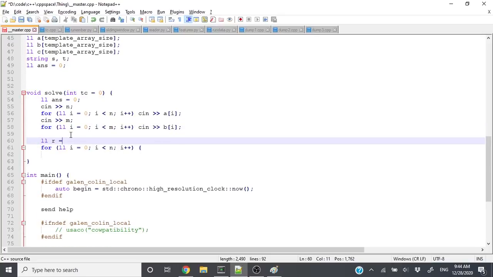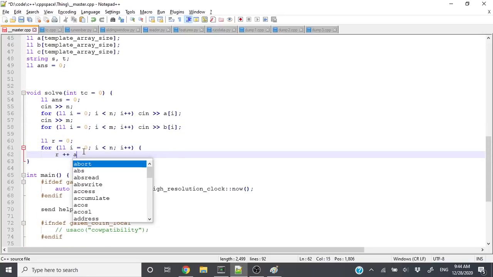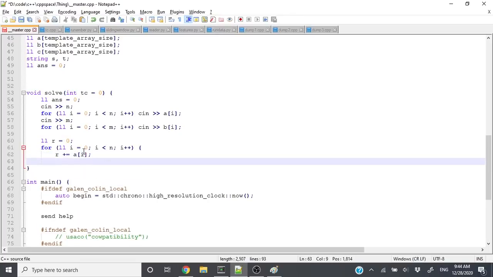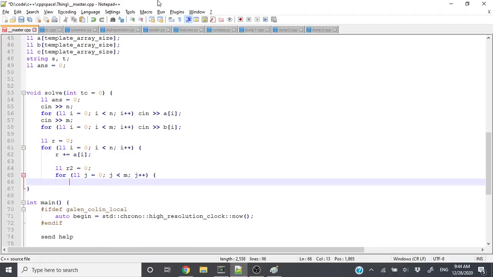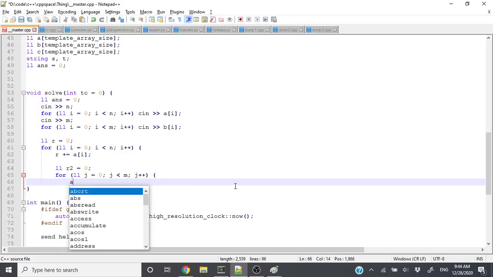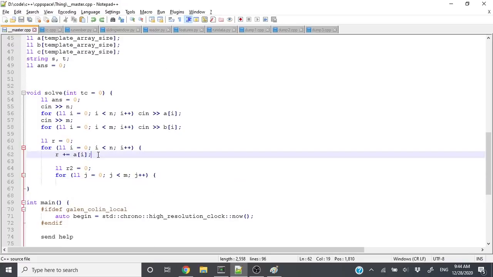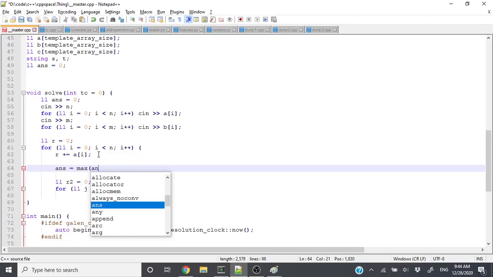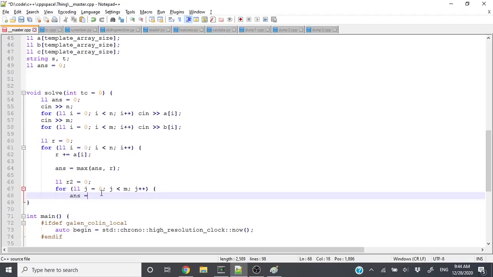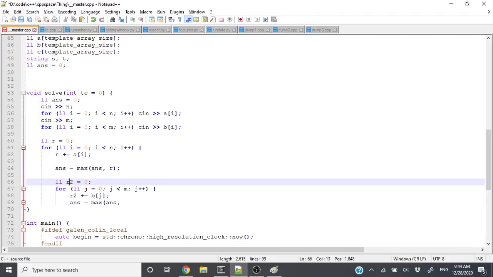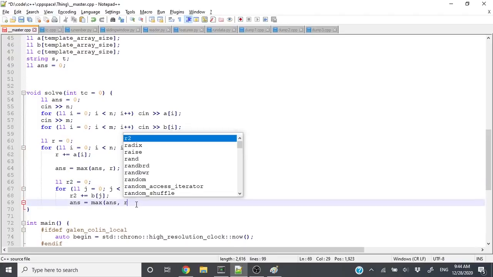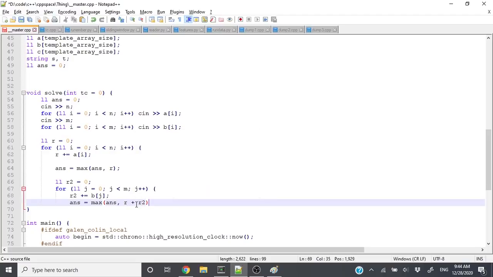Okay, so R equals 0, R plus equals A_i. R2 plus equals B_j, equals max. Actually, it doesn't make sense. R plus 2.